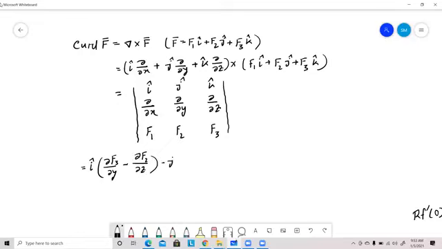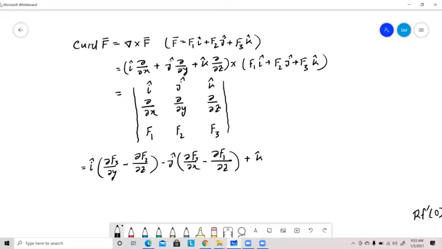Then minus for j, it will be del f3 by del x minus del f1 by del z.